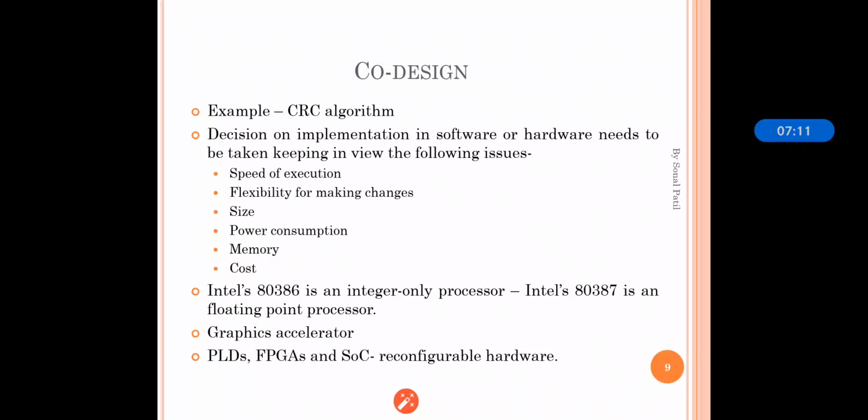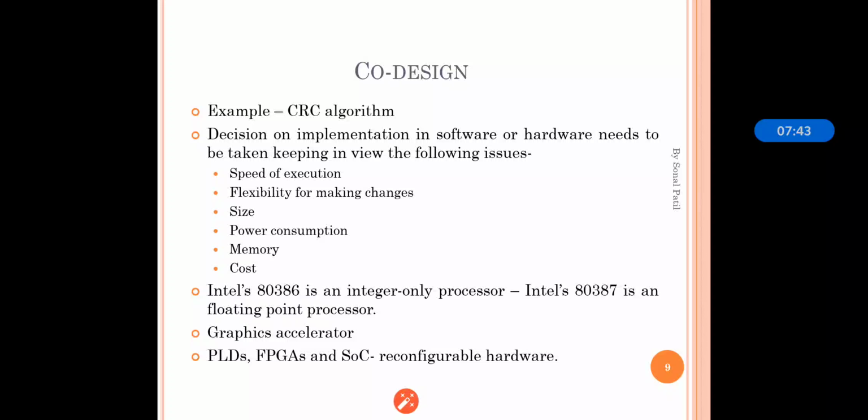So whenever we are designing or implementing the hardware and software, these are the issues we have to consider. Whenever we are building any embedded system, it consists of hardware and software, and both have their own design and implementation. For having the highest reliability output, these are the features that are taken into consideration.